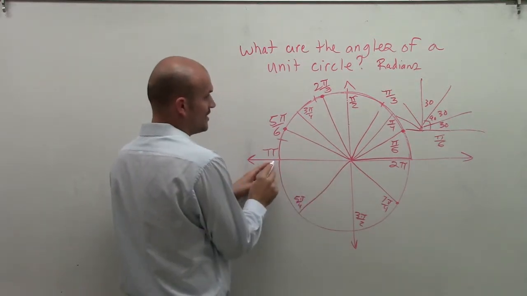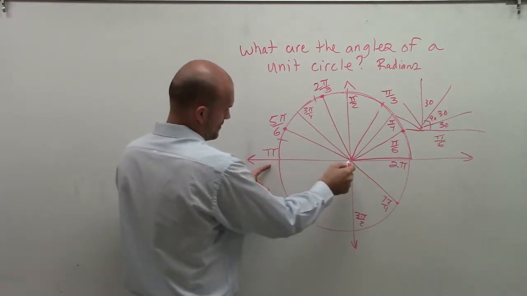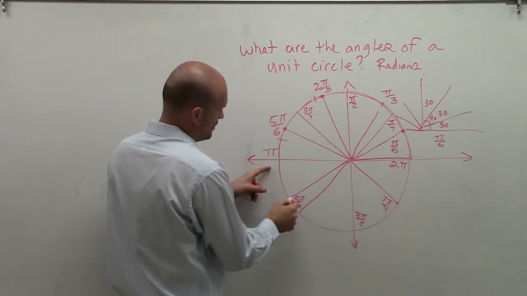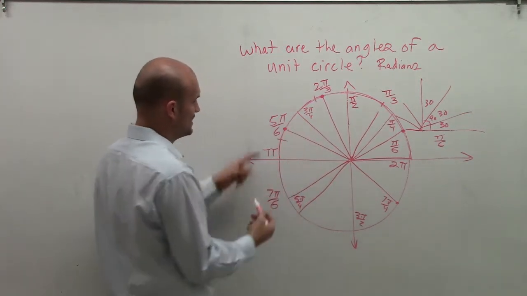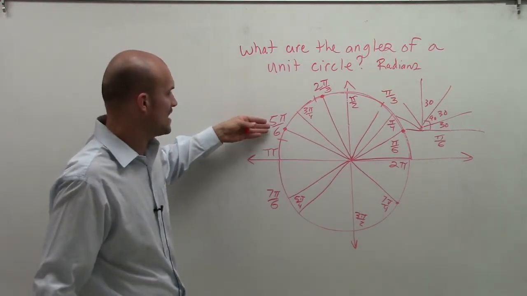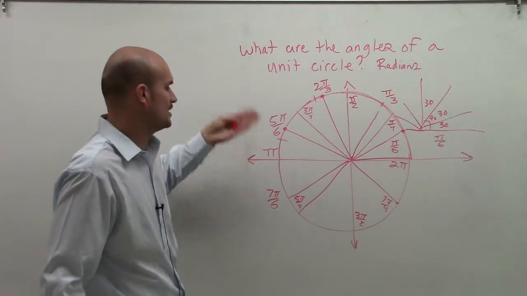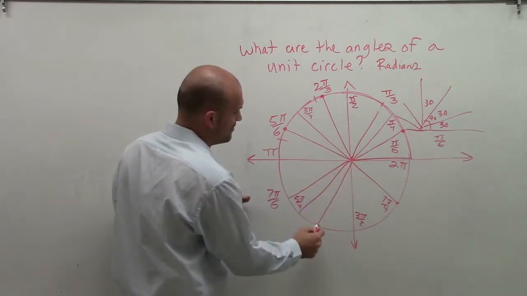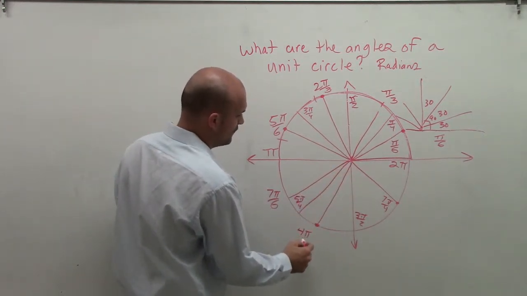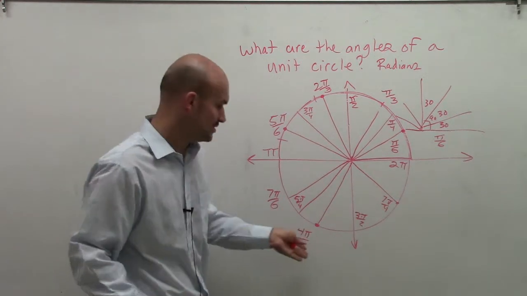So here we have 3 pi over 3, which is pi. Here we're going to have 7 pi over 6, as I keep on adding pi over 6. If I add pi over 6 to 5 pi over 6, I get 6 pi over 6. Add another pi over 6, I get 7 pi over 6. Add another, I get 8 pi over 6, which is 4 pi over 3 when you reduce it.